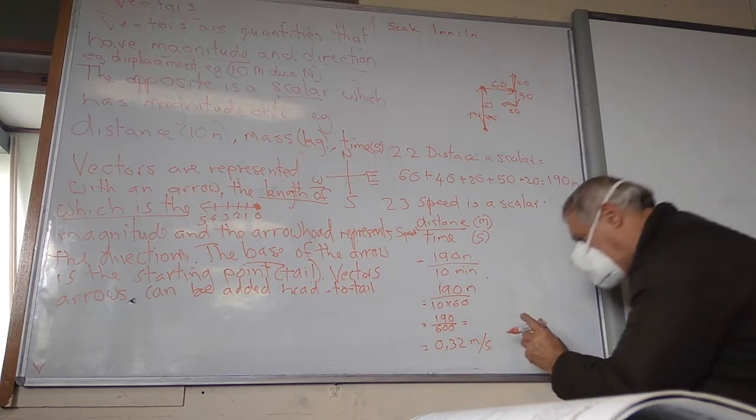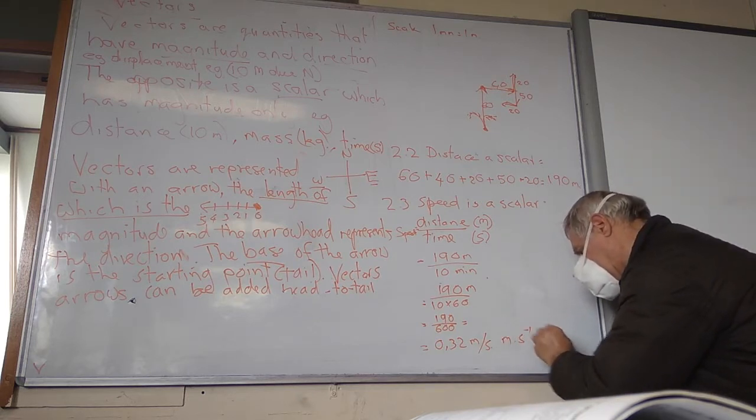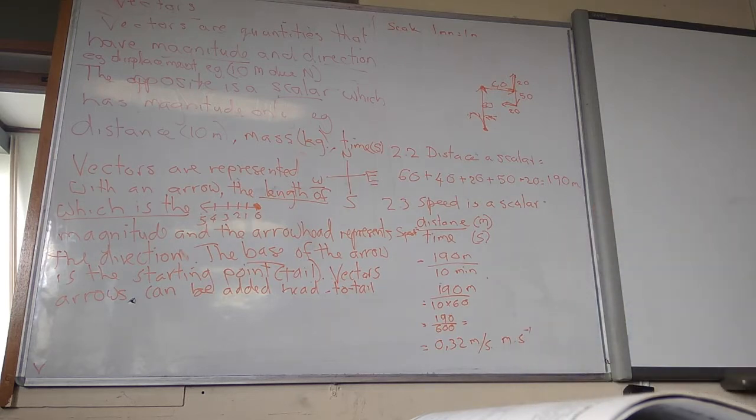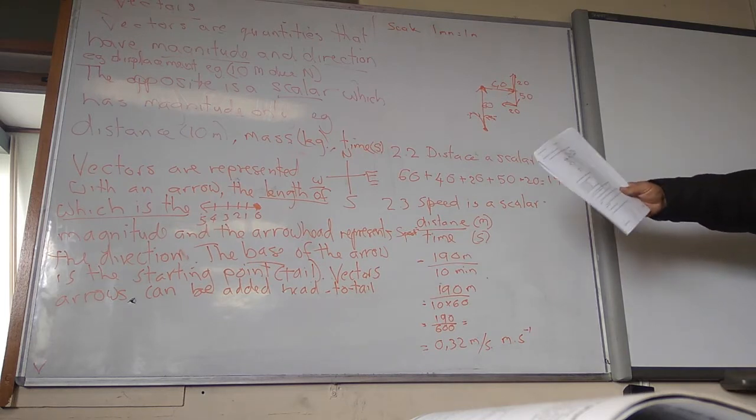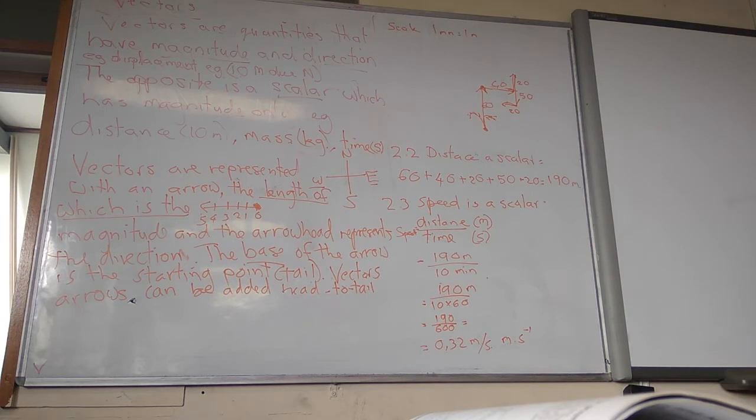Or meters times second to the minus 1 is another way of saying per. Who's lost? Anyone unhappy so far? So you've now met a second scalar, which is speed. Distance and speed.